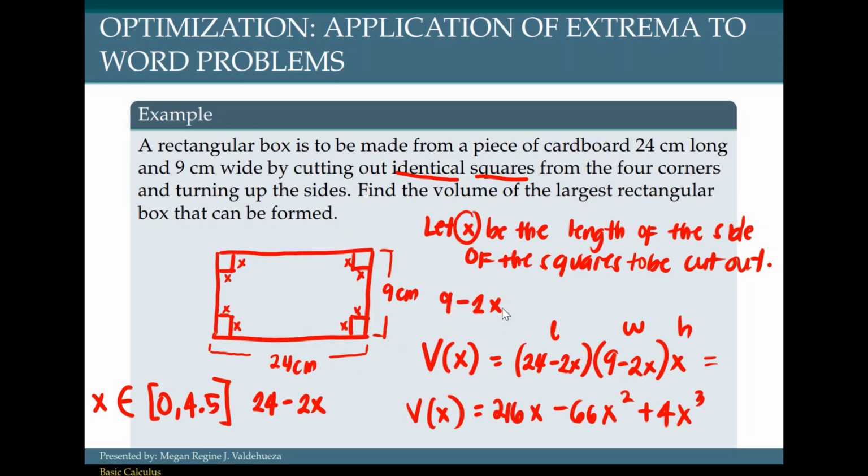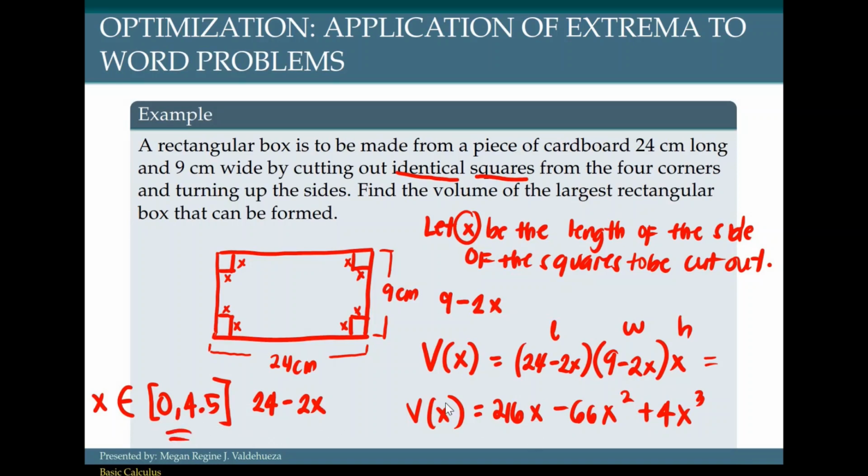So 9 minus 9 is 0, and we will not have a card. We will not be able to make a rectangular box out of the cardboard. So the end point should be the half of the width of the cardboard. So we have the interval here from 0 to 4.5.